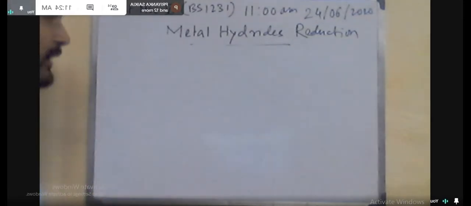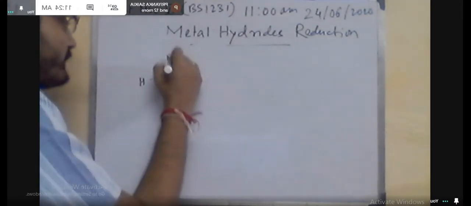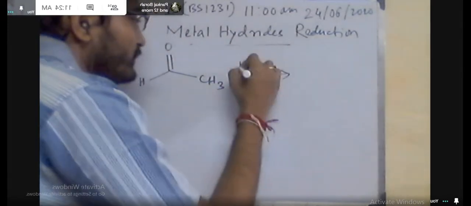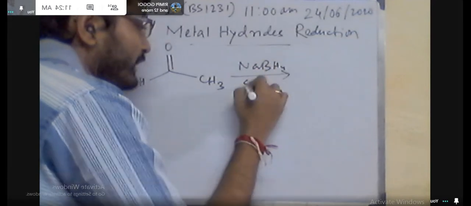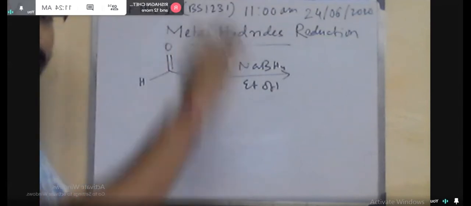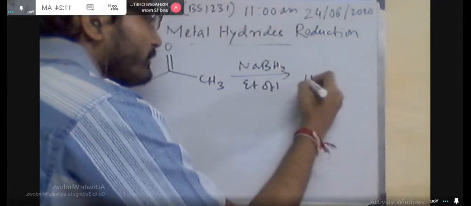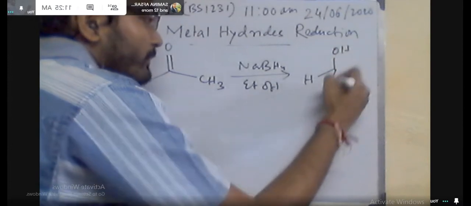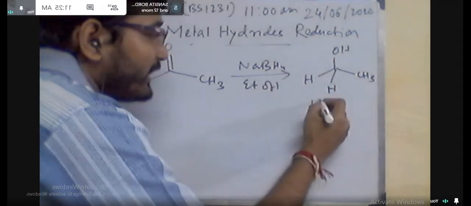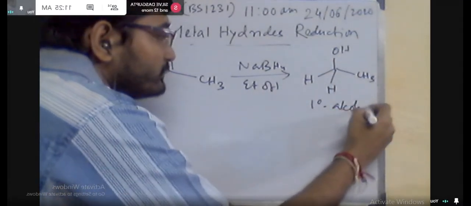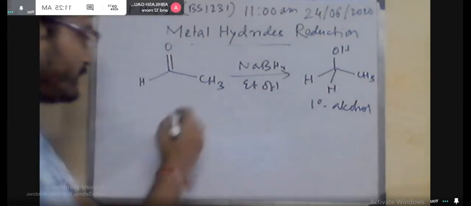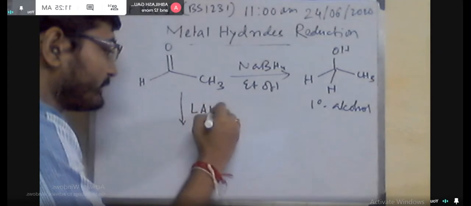So from acetaldehyde you will get ethanol. If you use lithium aluminium hydride in ether, sorry, and the final step is the acid workup, then you will get the same product. So for the carbonyl, especially the ketone and aldehyde, if you use sodium borohydride or lithium aluminium hydride, you will get the same product.